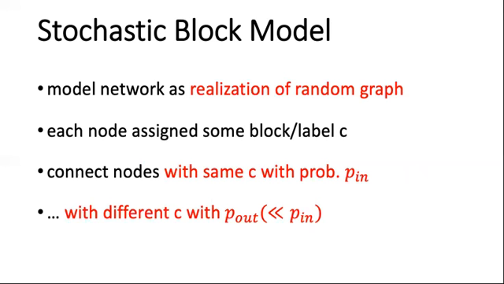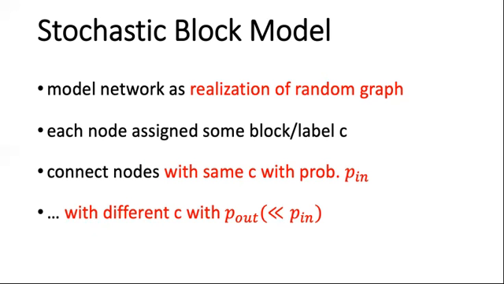To quantify or to study the performance of our approach, we use a simple generative model for the network structure. Maybe the most basic probabilistic model for clustered networks is the stochastic block model. Within a stochastic block model, we assign each node a block index, which corresponds to the label C in our case. And we then connect two nodes with the same label or within the same block with some probability P_in.